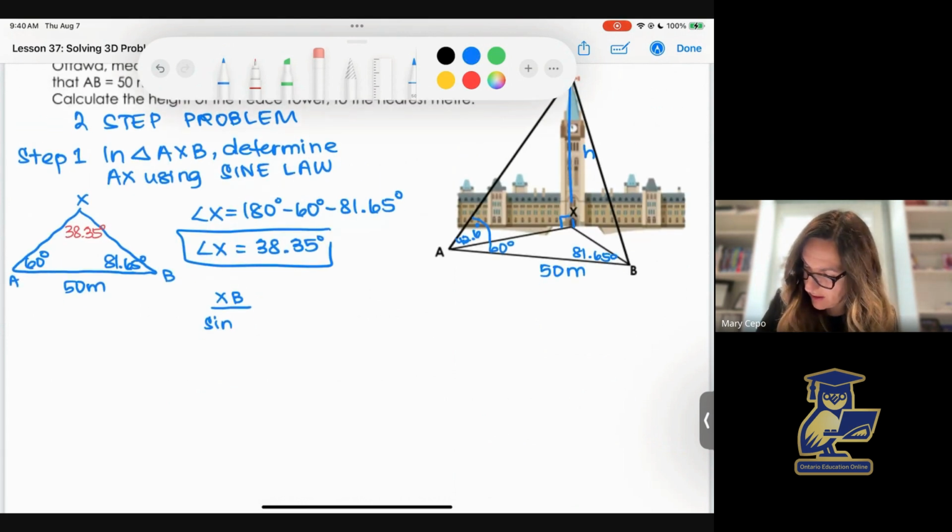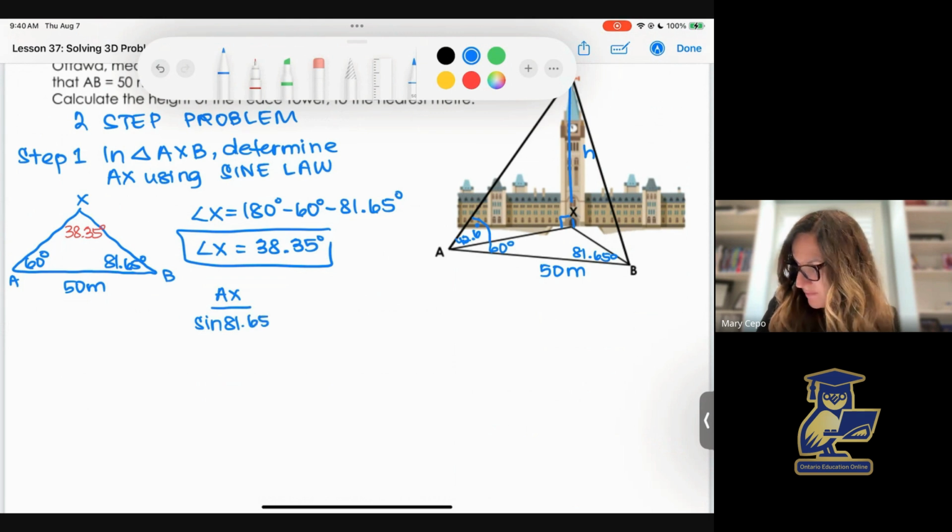Sorry, wrong side, AX. Okay, so let's get rid of that. AX, so the angle opposite that side would be sine of 81.65, is equal to, and again, we're given 50, and across from that is sine 38.35.